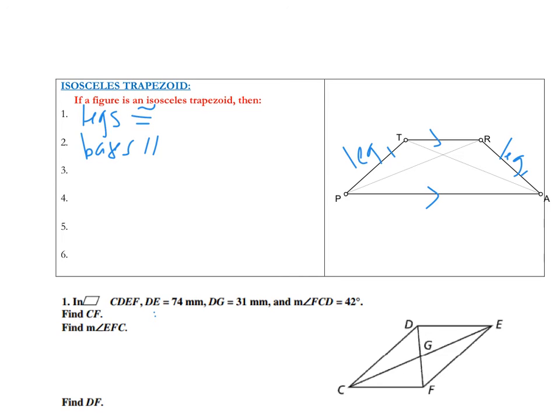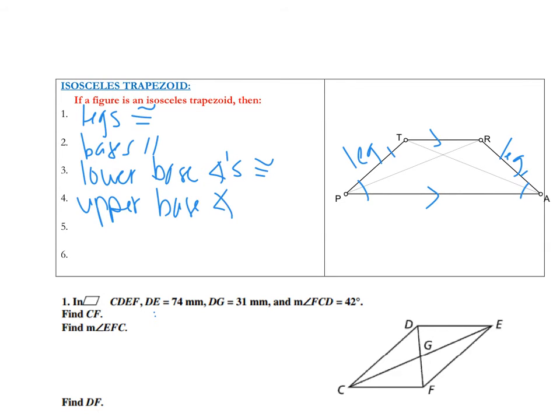Lower base angles are congruent, and the upper base angles are congruent. Diagonals are congruent.